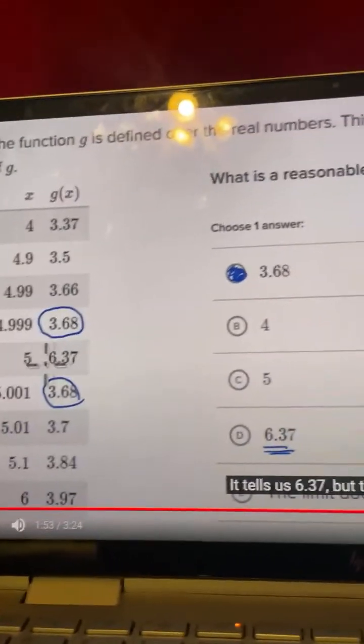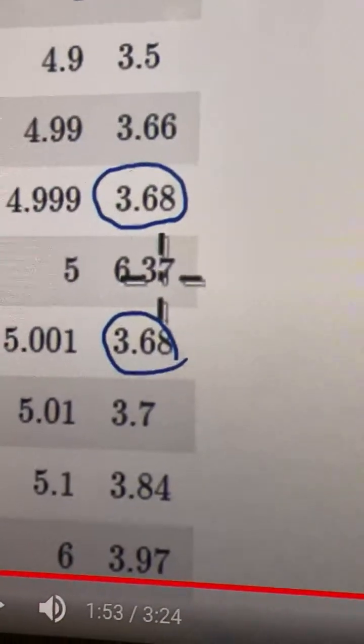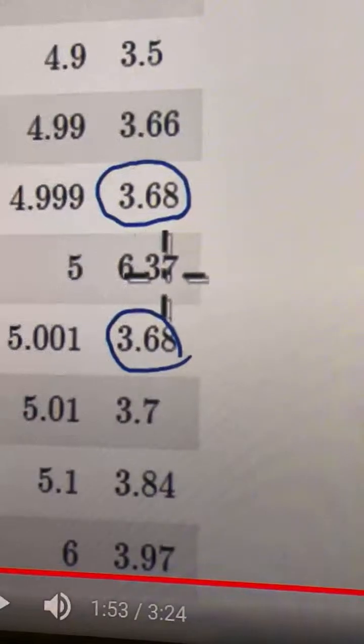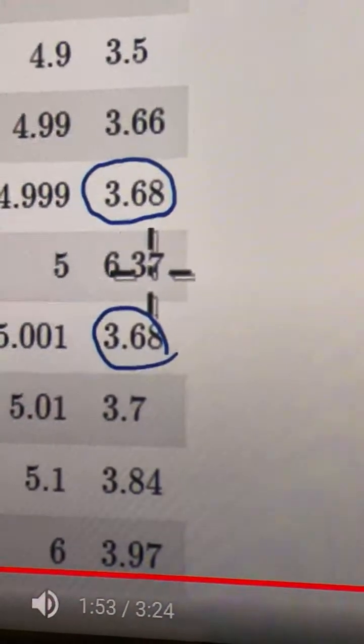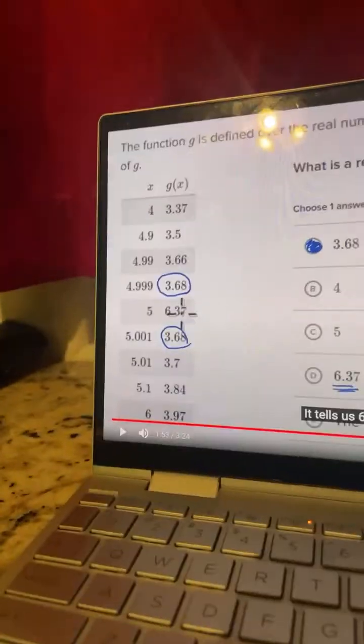Now, make no mistake, whenever you approach 5, if it looks like it suddenly goes up to 6.37, that's just the actual value, we'll call it, of the function, which can be arbitrarily selected if you wish to.